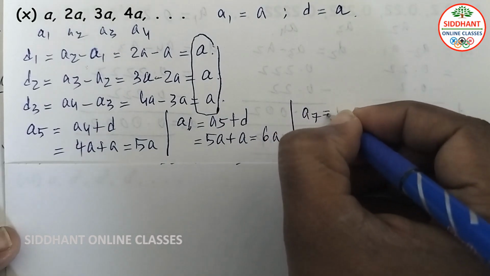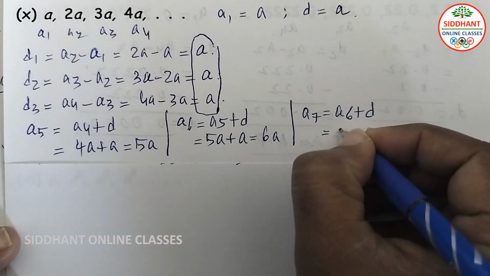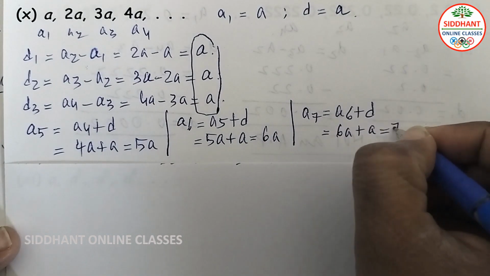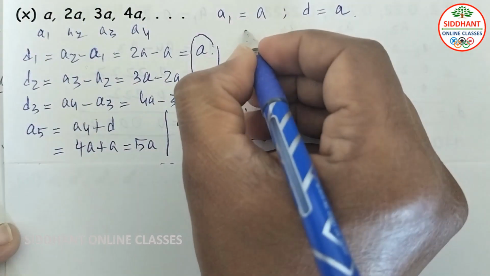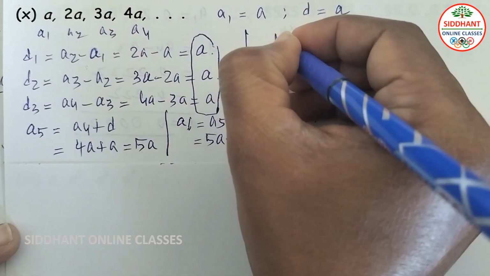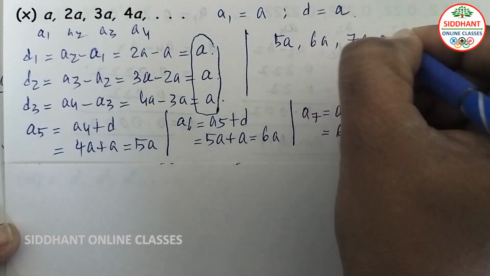A7 is A6 plus D, that equal to 6A plus A, that equal to 7A here. So the next three terms are 5A, 6A and 7A here.